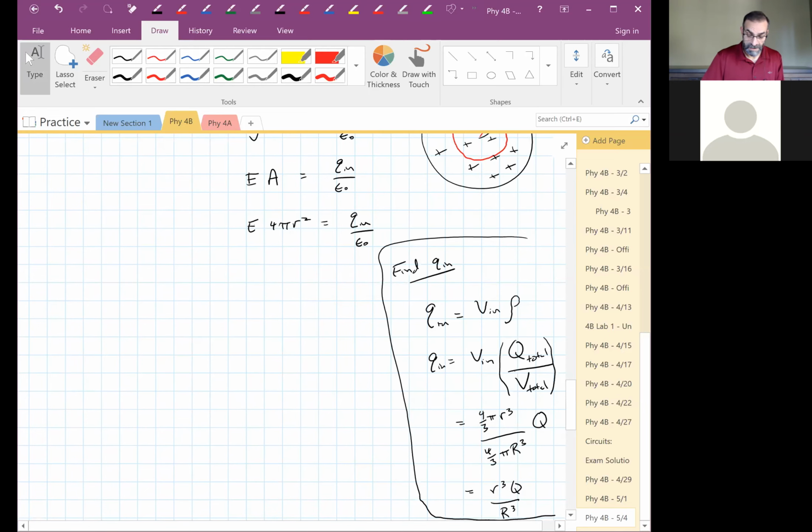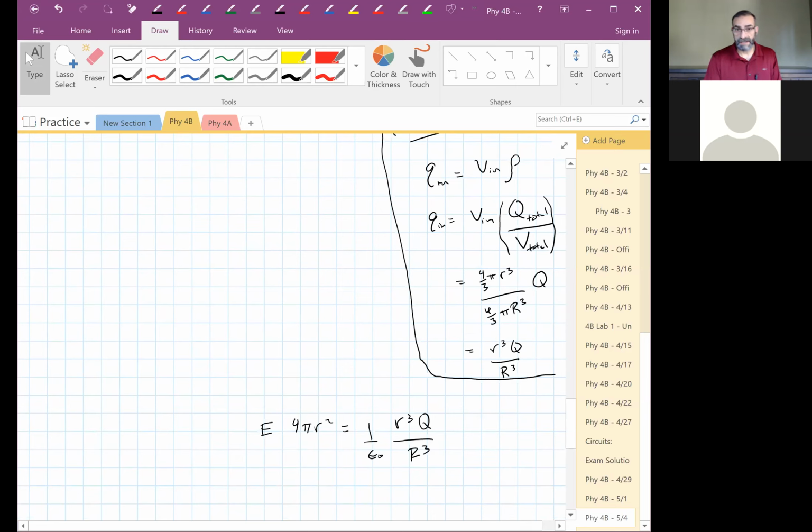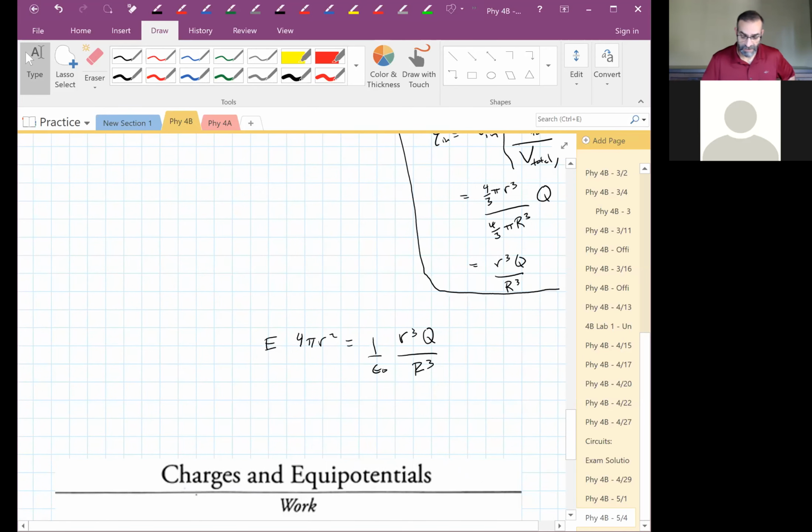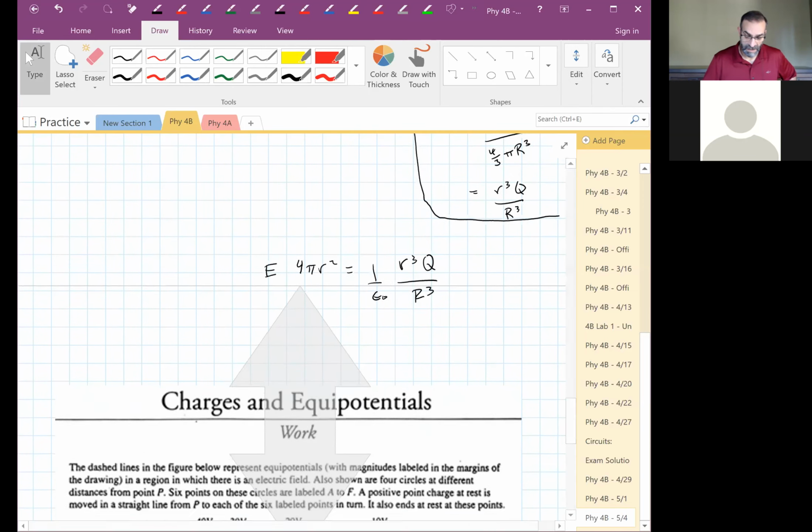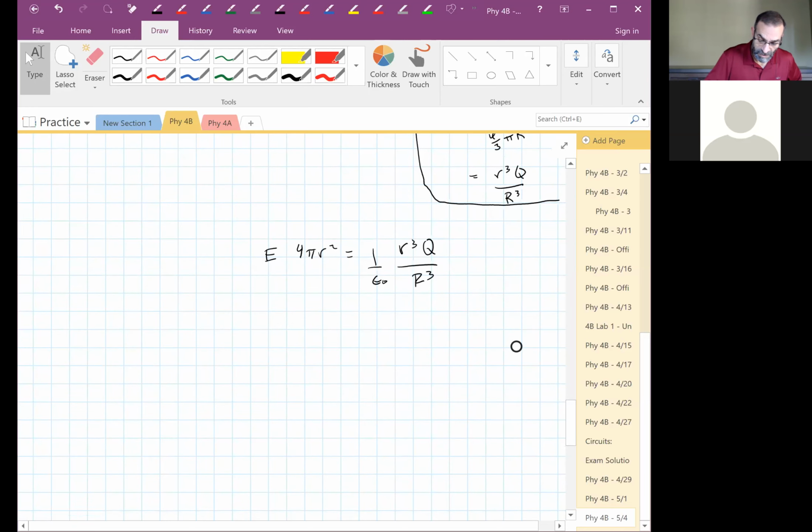It's just a definition of charge density. So figure out Q in however you like to think about it, but basically you're taking the ratio of the volumes and multiplying by the total charge, or you're just using the charge density. It's the same either way. Now, when you bring the 4 pi r squared to the other side, you see that this r cubed just becomes an r.